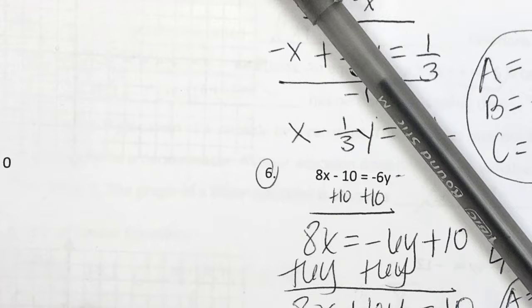If you add 9, that means it has to go to the other side, right? So what would you have over here? You have to go. And then you do that.